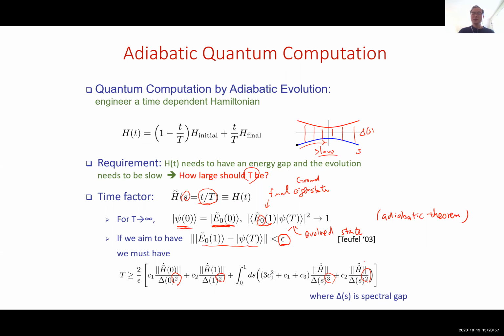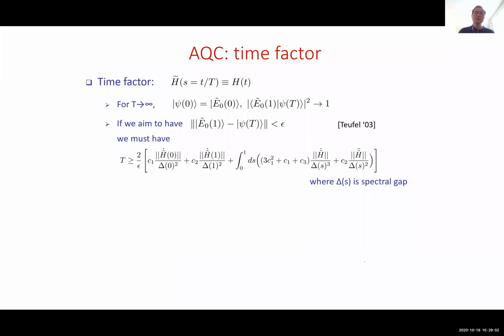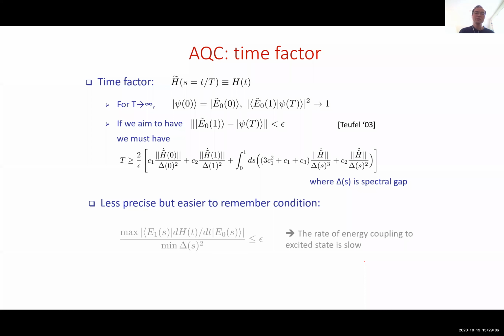So there is a simplified version. It's less precise but easier to remember. If you evaluate the ground state and the first excited state, you see how much the Hamiltonian changes them as they go from this to that.